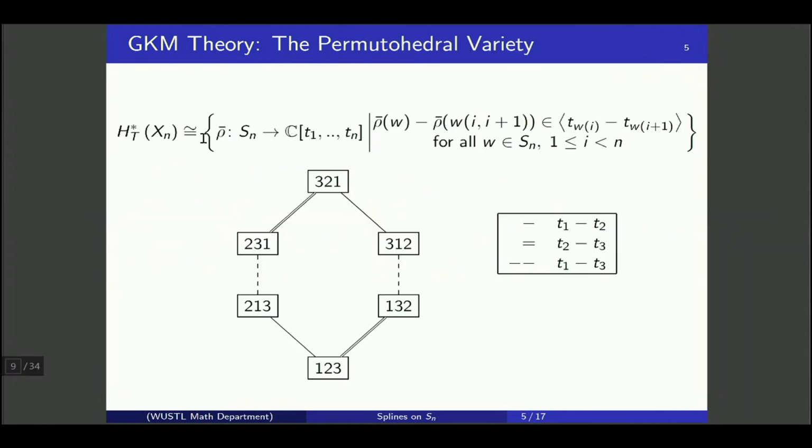The second kind of running, more classical example that I'll have is the permutahedral variety, and you'll notice that it is essentially the same all the way through, except now I'm only allowed to multiply by simple transpositions. So I'm not allowed to hit every single one, and the associated graph is the weak Bruhat graph, which I have here.